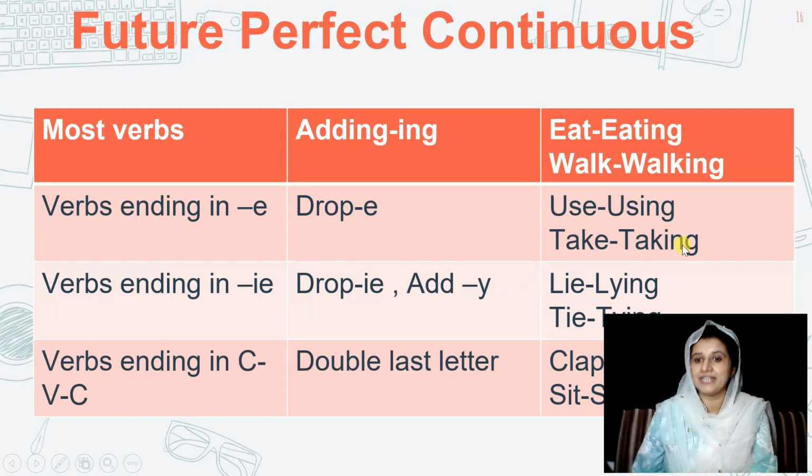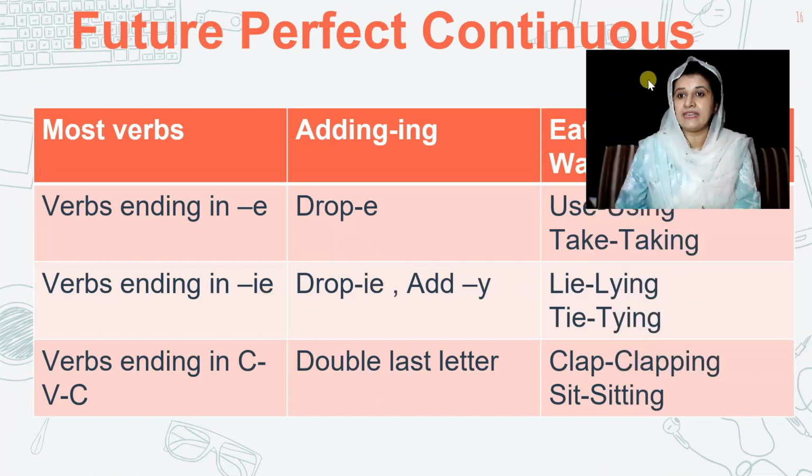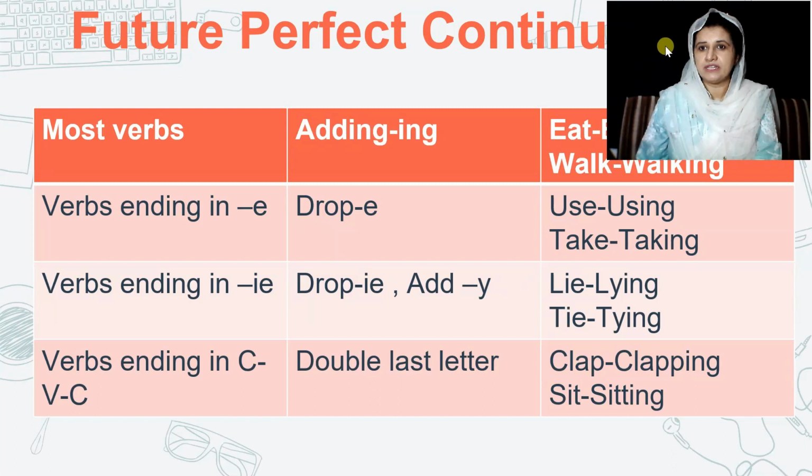Take into taking. And some of the verbs which end in ie, there we drop ie and instead we add ing. For example, here you can see lie into lying. You can see we dropped ie and instead we added y only. Lying, tie into tying. And sometimes some of the verbs they end in consonant vowel consonant sound.